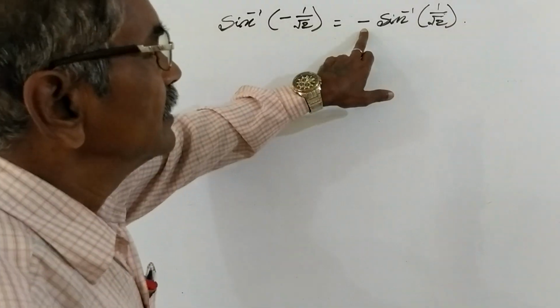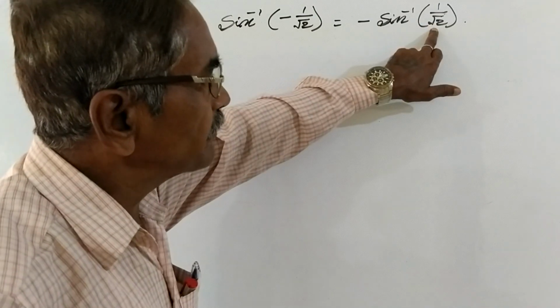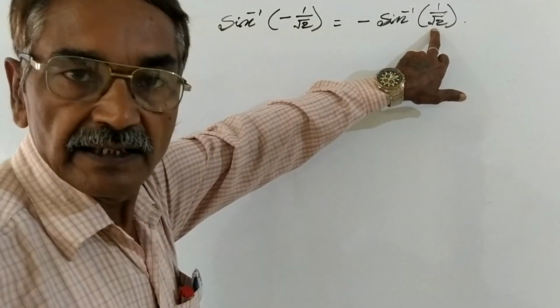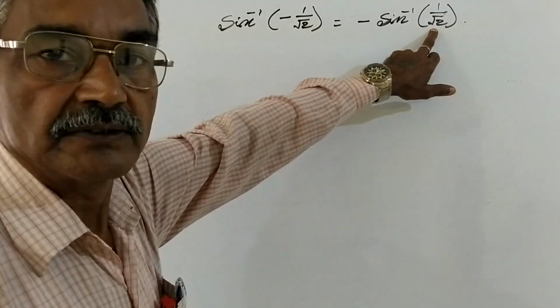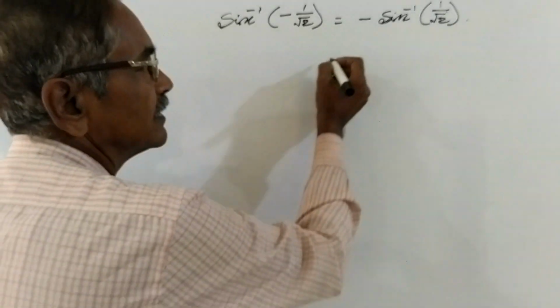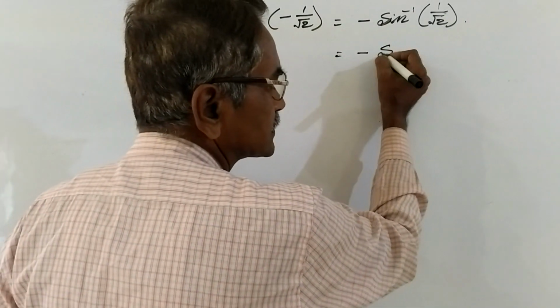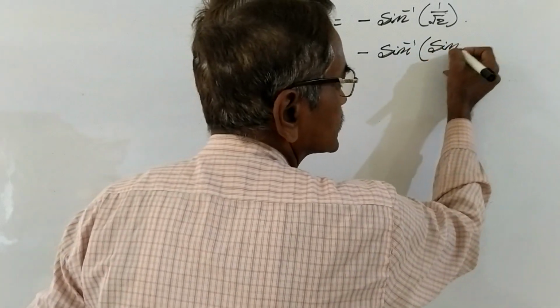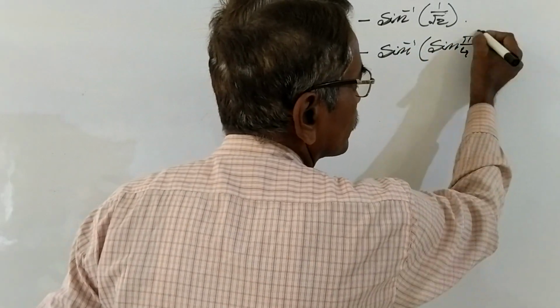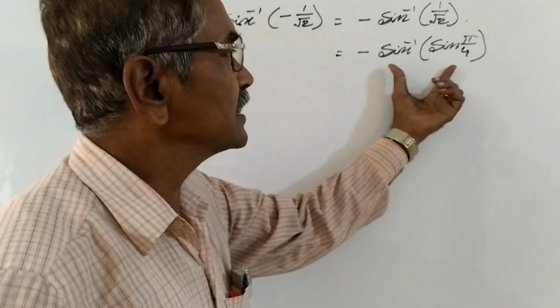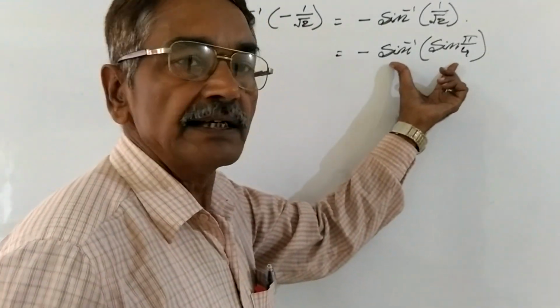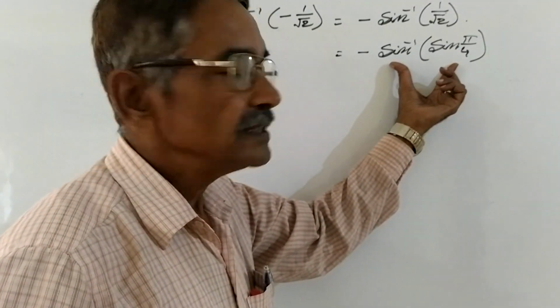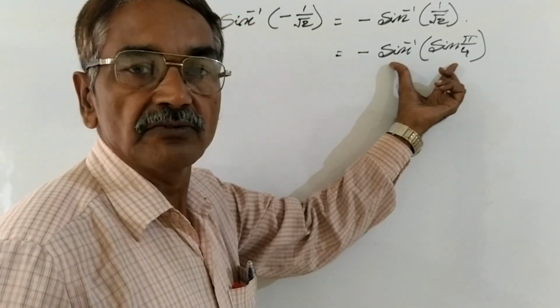Okay. Now 1 by root 2 can be written as sine pi by 4. So we'll replace here, equals minus sine inverse sine pi by 4. Now this portion is read as sine inverse sine theta, which equals theta.